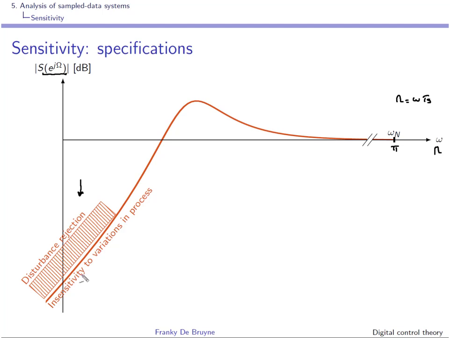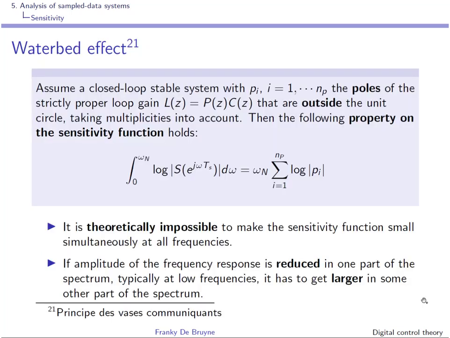Well, these transfer functions will become insensitive to variations in the process in this frequency range where you make S as small as possible. Of course, you would like to have the sensitivity small over all frequencies, but we will see next that this is not possible in practice.